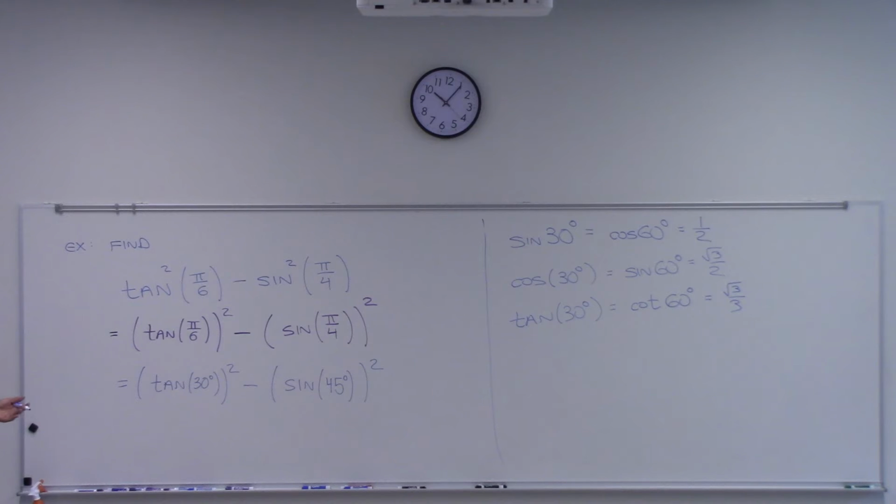Now we're just learning these, so we don't have these memorized yet. So let's just go to the table. Tangent of 30 degrees. What is tangent of 30 degrees for us here? Square root of 3 over 3.